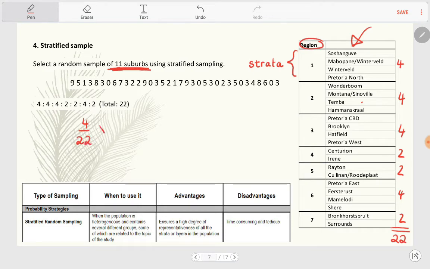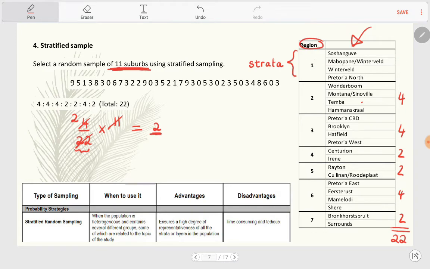So in your sample of 11, 4 over 22, that fraction must come from region 1. When you work this out, that'll give you 2. Then you're going to take 2 from region 1.